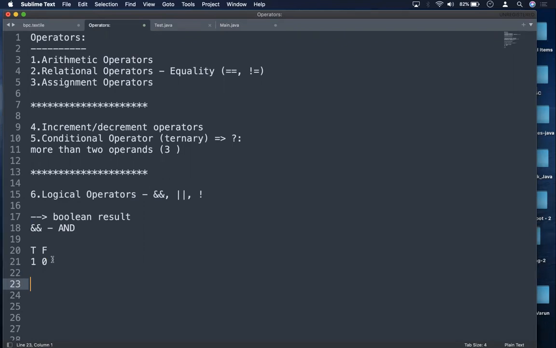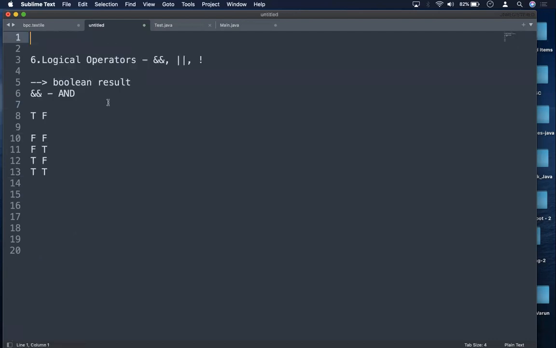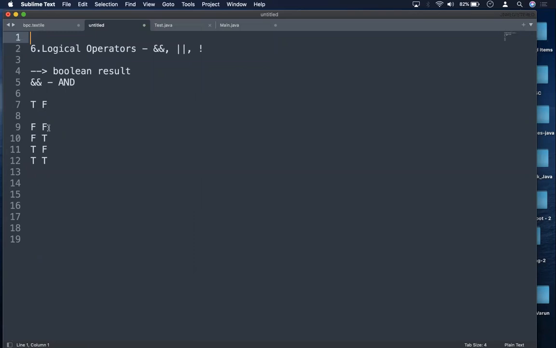If we consider true and false here, what are the combinations? It can be false and false, false and true, true and false, and true and true. So four possible combinations. Now let's understand in detail how these are applied.